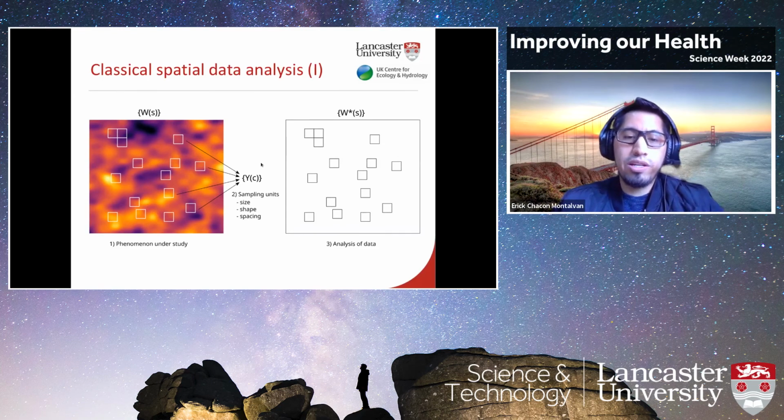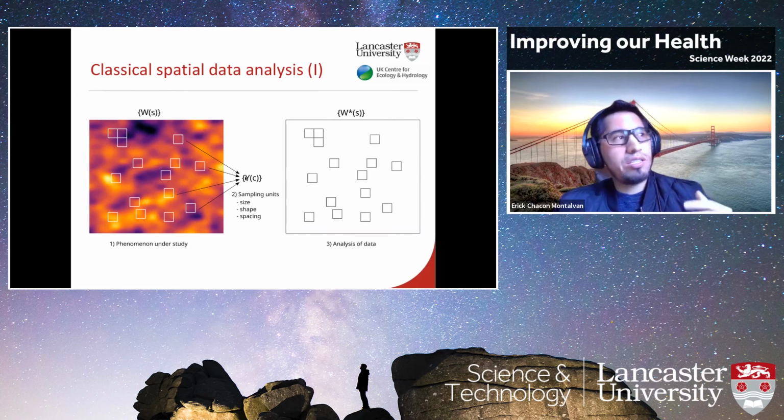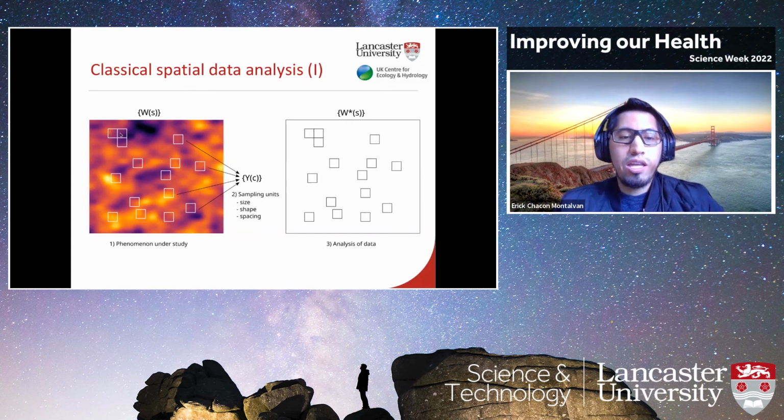So for example, one case is this. We have this phenomenon, we have these sample units, and what they do is they try to use a process that is discrete in this support that we have here, the white boxes, and they take into consideration the association and other characteristics of this process, but using only these sample units.